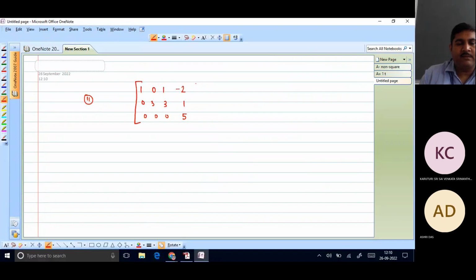Now you can tell me what type of matrix is this? What is the size of the matrix? Please reply.